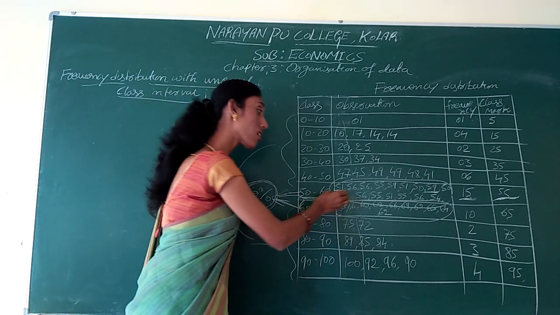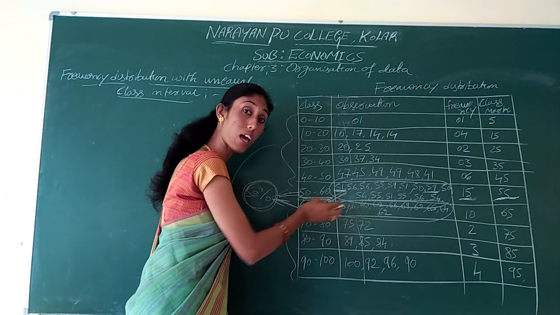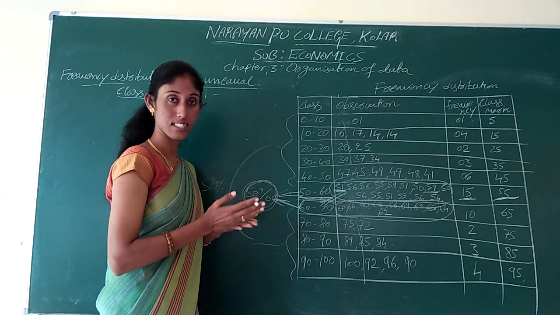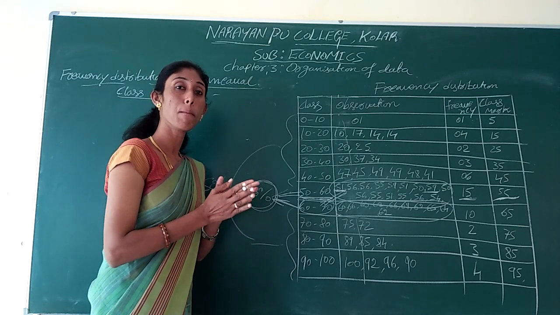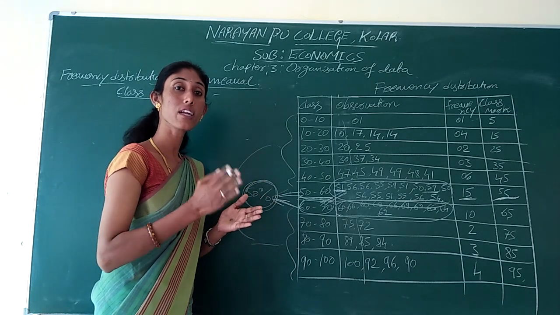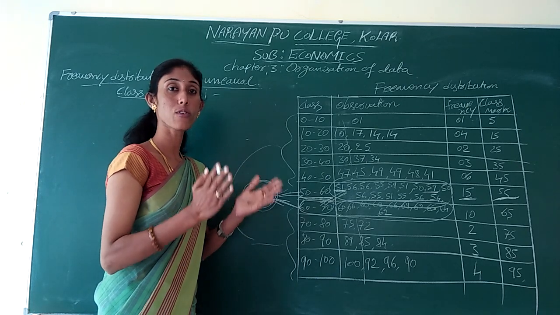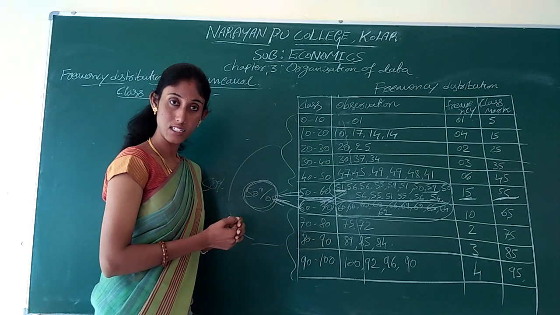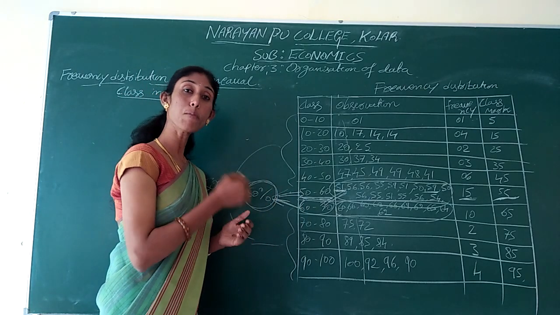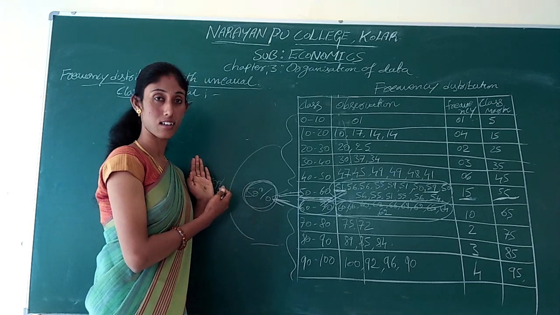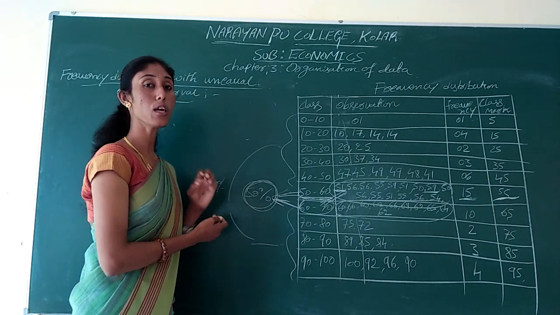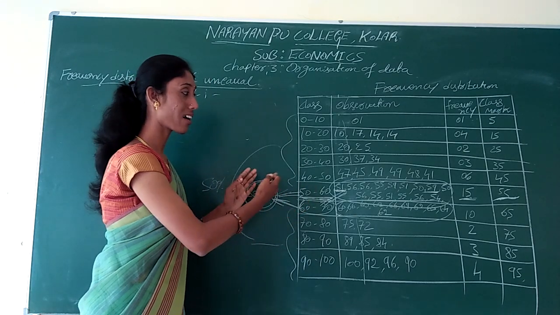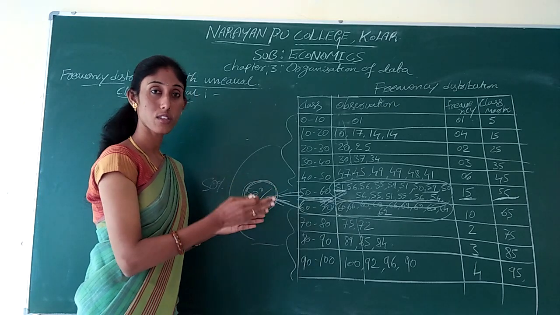That's why, instead of this concentration of values in one class, an unequal class interval helps to deviate the values as per their norms.